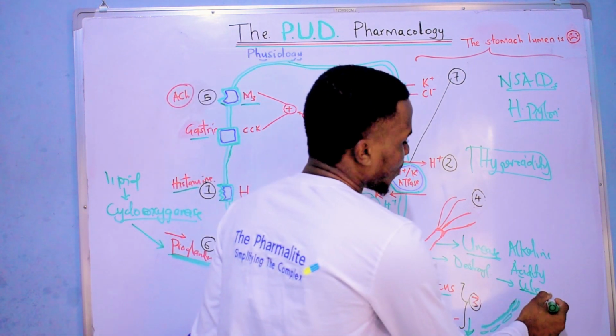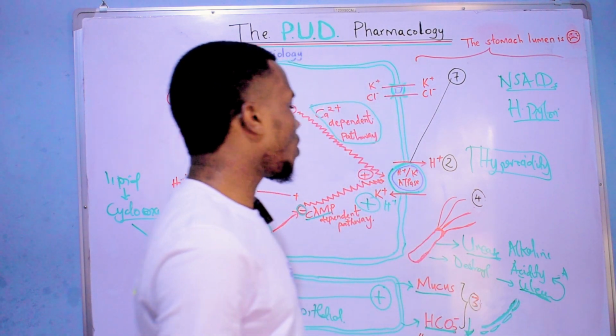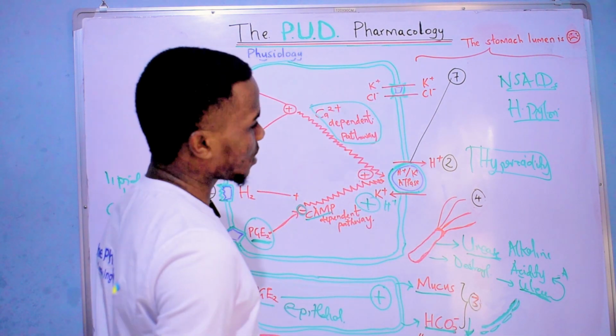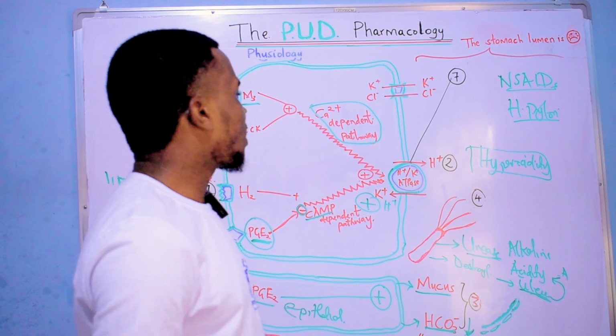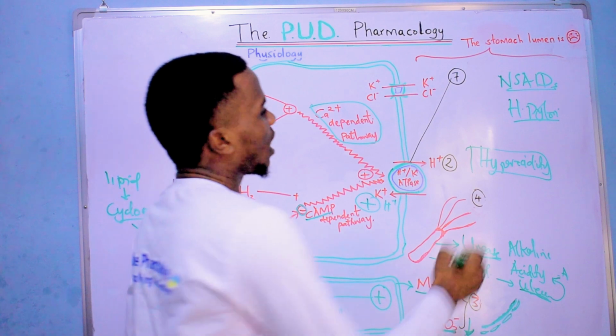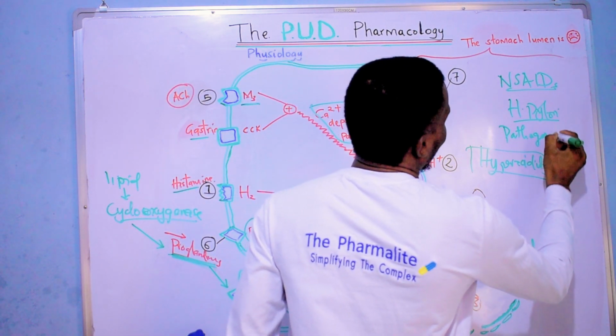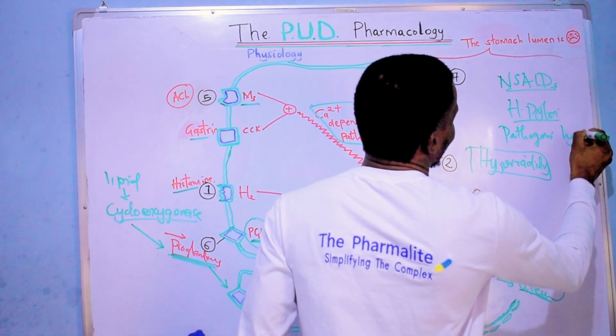Now these ulcers can be affected by the usual acid that is in the stomach, and it will cause the ulcers to even increase. The other factor that is highly linked to the peptic ulcer disease is pathogenic hyperacidity.